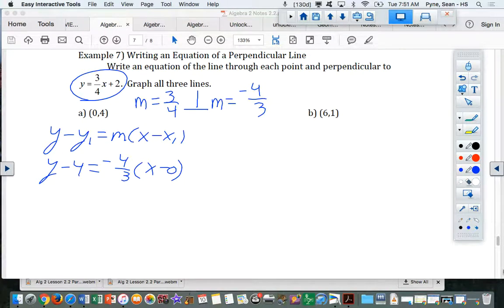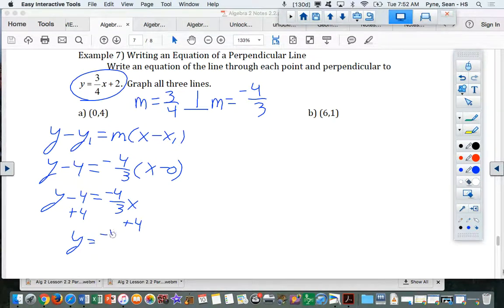Now, because I'm going to graph this, I want to see it in slope-intercept form, because that's the easiest thing to graph. So, in order to get this in slope-intercept form, what do I want to get alone? The y. All right, let's get started. Y minus 4 equals negative 4 over 3x. Now I'm going to add 4 to both sides.